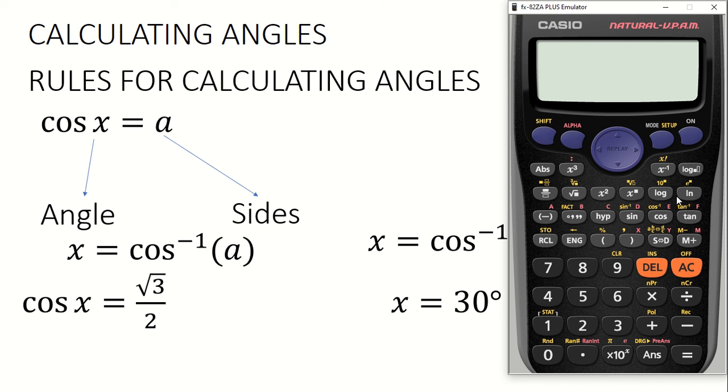On the calculator, it's shift, then cos, square root of 3 over 2, and it will give you 30.